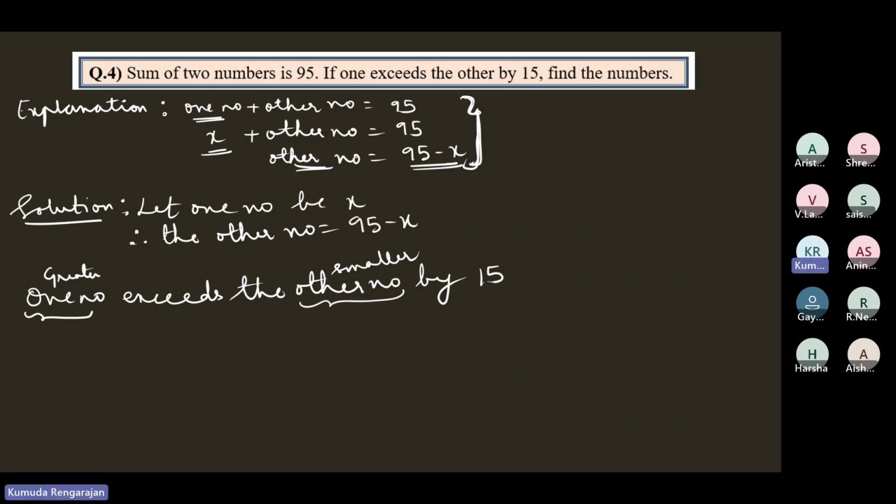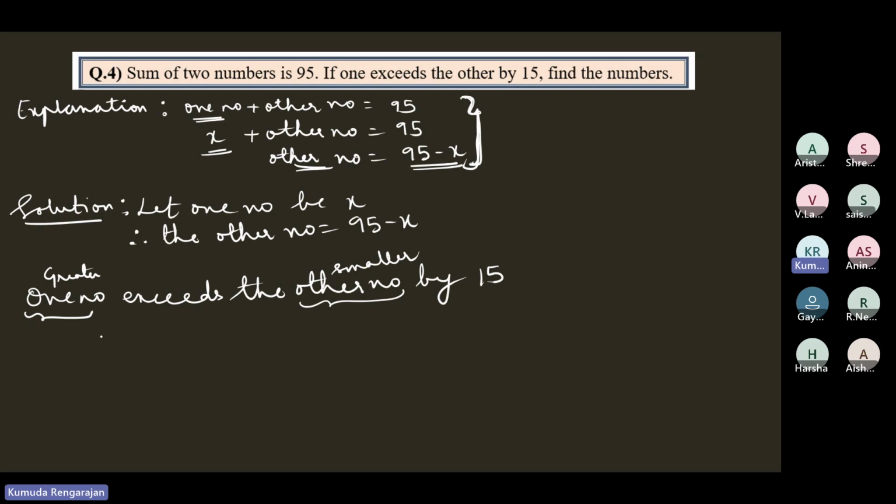Two things are not equal. One is more than the other. If they're not equal, one is big, the other is small. That means difference. So the difference between the two numbers is 15.